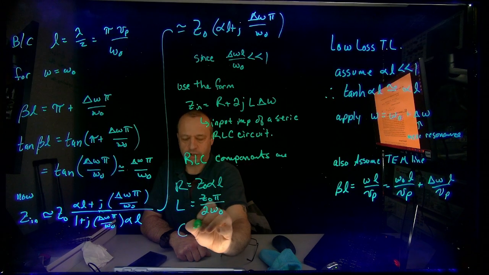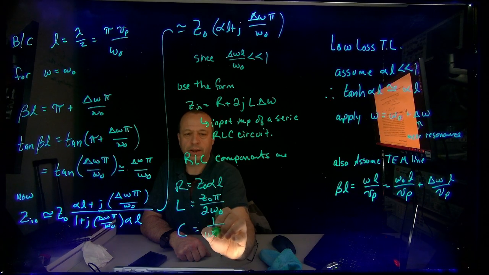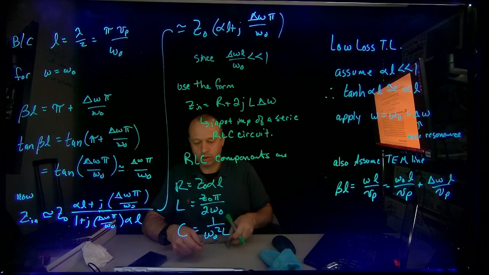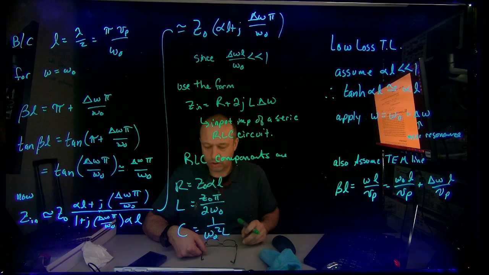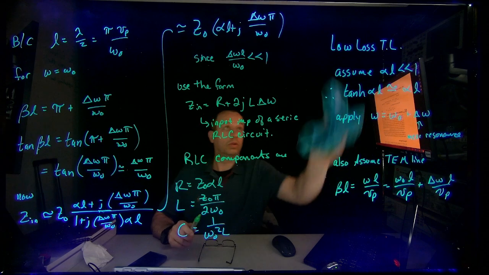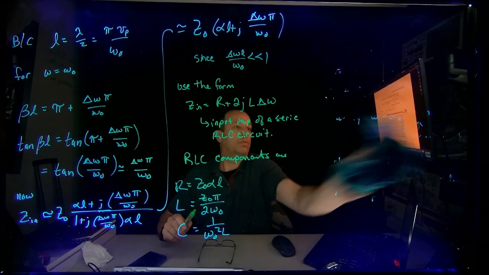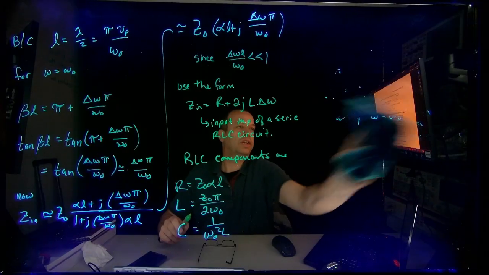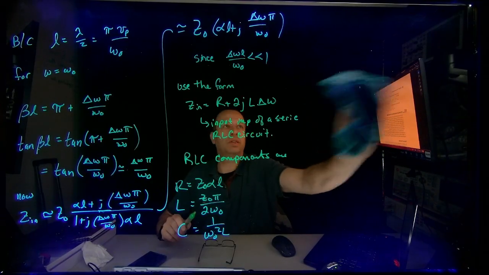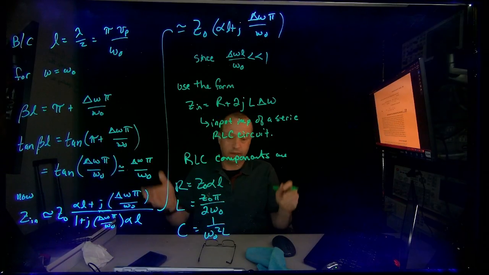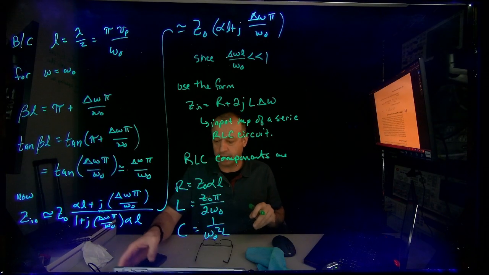And our C term is therefore 1 over omega naught squared L. So we need to work out some more details for this, because what are we looking for? We're looking for all of our components and our Q factor, really, in the end.